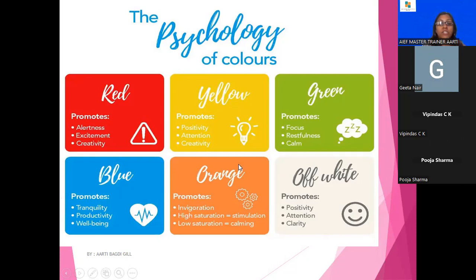So here all the colors are looking perfect, right? Here in orange, for example, I can see low saturation. Low saturation means calming, which is a good one. Stimulation, good one, right? But to an extent. So if anyone is using orange color, then you can understand the psychology of the child. If any child is using maximum of red color, then the attributes are alertness, excitement, an overexcited child.